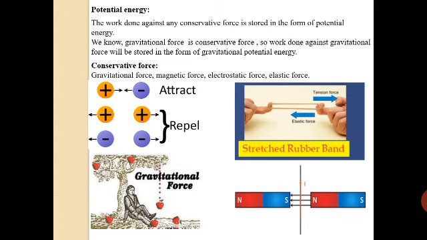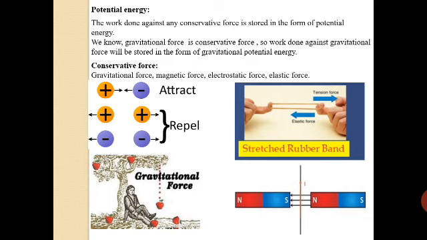If you see the magnet, if the two magnets are facing each other with opposite poles, that is north and south, they will always attract each other. If you try to separate these two magnets, they will always try to come back to the initial position. So they will always move towards each other. Okay, so this is somewhat similar with the gravitational.